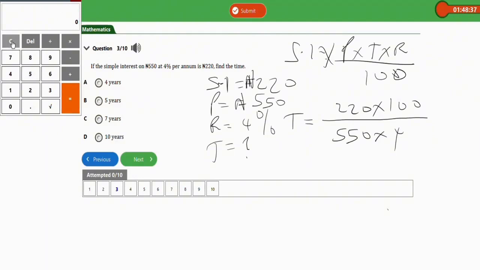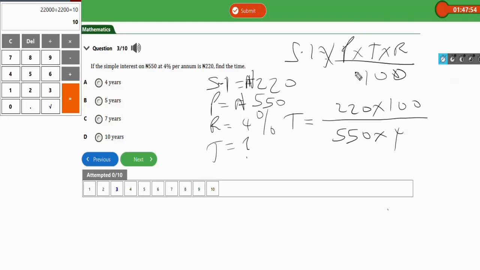Then 550 times 4 gives 2,200 naira. So 22,000 divided by 2,200, what will be the output? We have it to be 10. So the time will be 10 years. It's as simple as this, and that's how you can solve this.